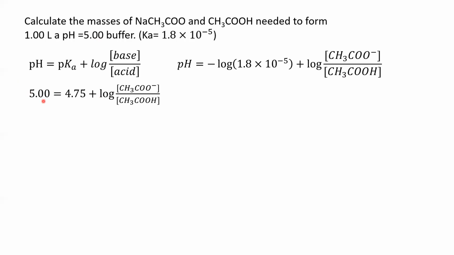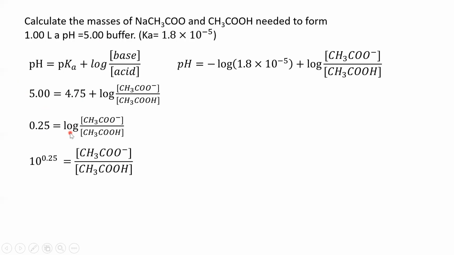All right, what are we going to do now? We're going to subtract 4.75 from both sides. So 0.25 equals the log of our base over our acid. Okay, well, we want to get rid of the log function. So we're going to take 10 to the x on both sides.